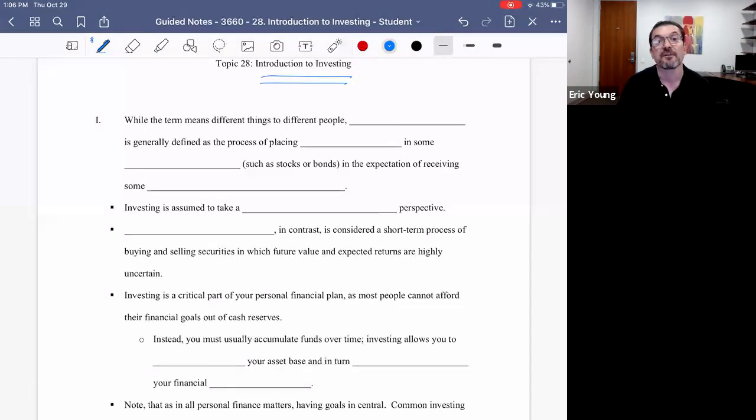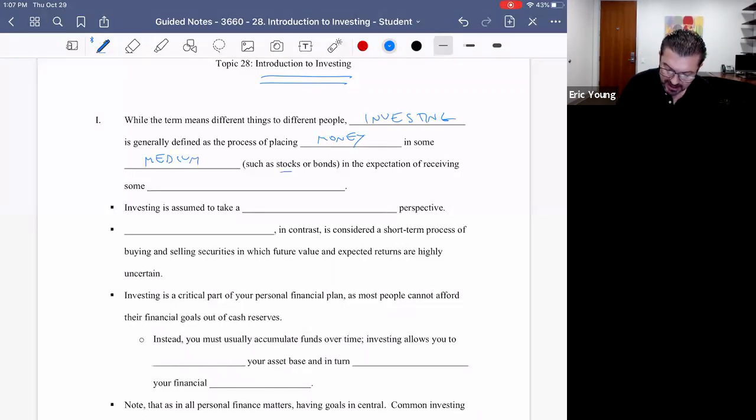Let's jump in, and let's start with some definitions. While the term is used in different ways by different people and means many different things to many different people, let's say, for our purposes, that investing can be defined as the process of placing your money into some particular medium, some particular tool, some particular asset type.